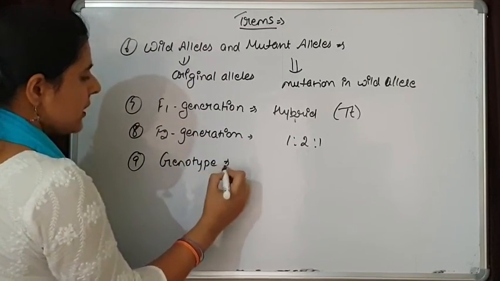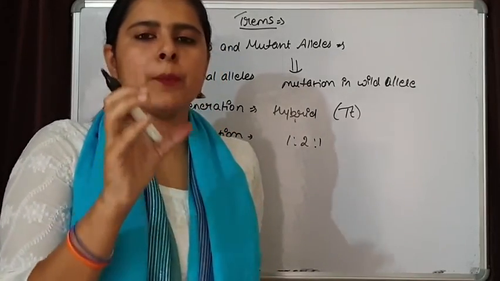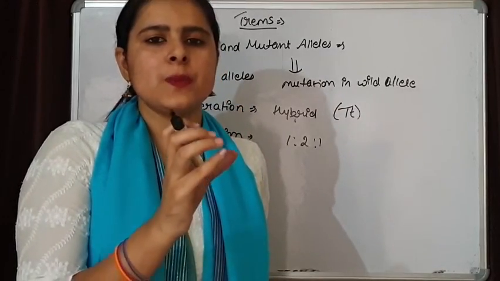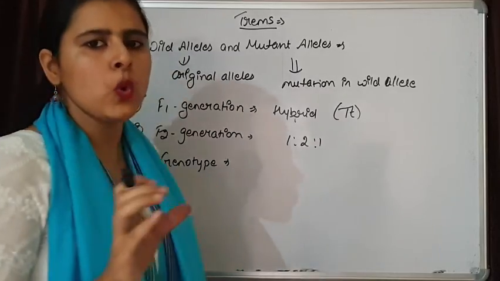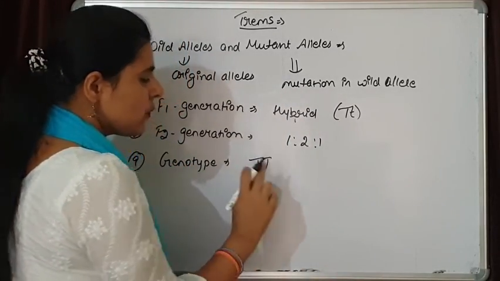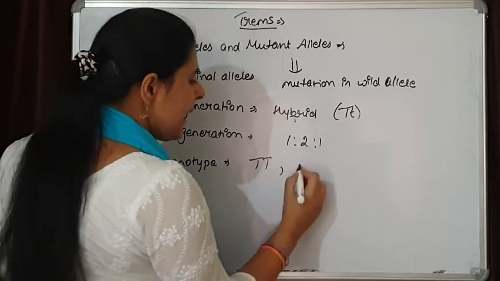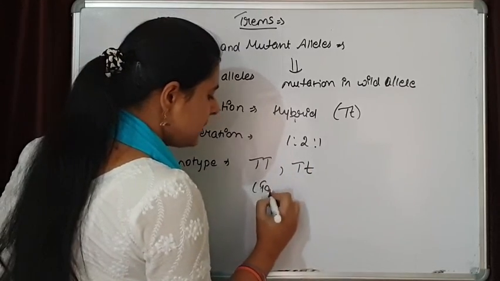We were talking about genotype. Genotype simply means, for a particular trait, the genetic composition that is present in an organism. Suppose I am talking about tall plants. Then two possible genotypes are there. This is one possibility, where both alleles, capital T and capital T, are present. And this is the second possibility. This is also a tall plant.